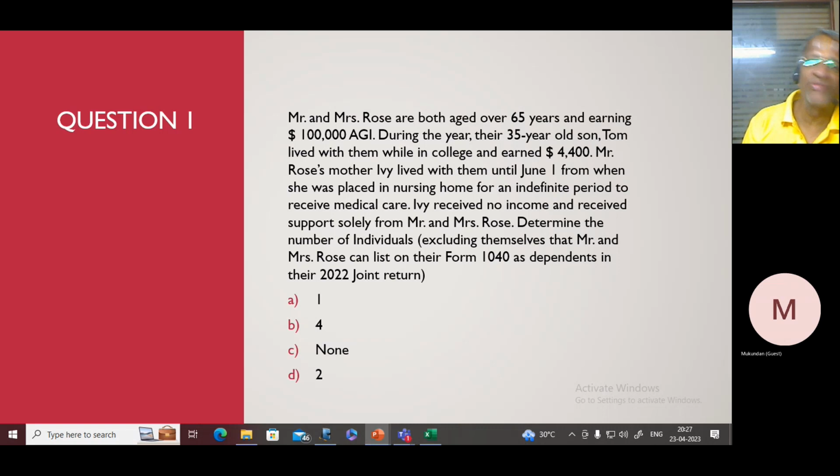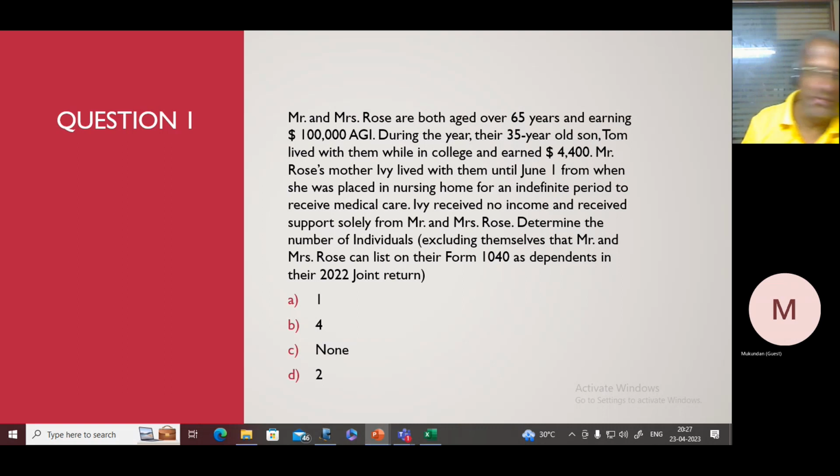Ivy is Rose's mother, and she is in the nursing home, has no income, and is fully supported by Mr. and Mrs. Rose. So she is not a child, but she could be a relative. For a relative, number one, income: she is not having any income. Number two, support: 100% by these two spouses.